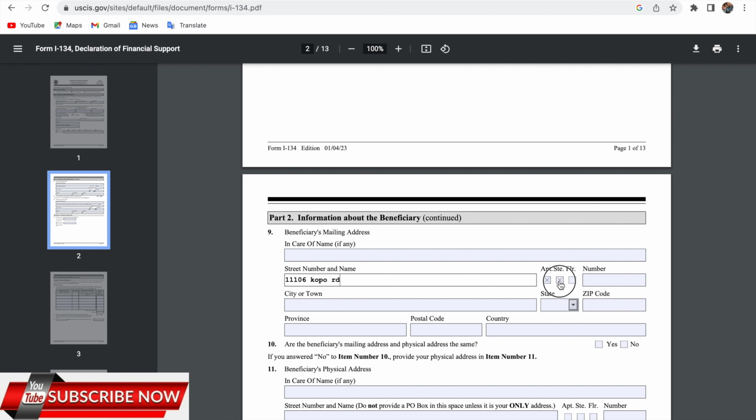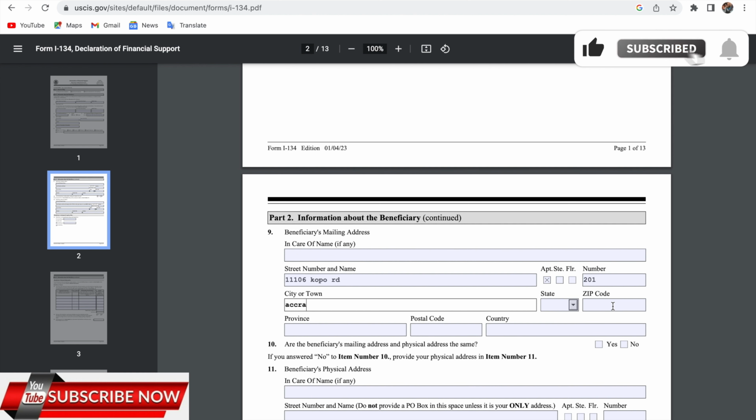And if you live in an apartment, you just put in the apartment number. And the city, you just put in the city, the state, if you have a state in your country. If you don't have a state, you just leave it alone. Then the zip code, if you have a zip code, you put it over there. And the province, the postal code, the country. Just put in the country.